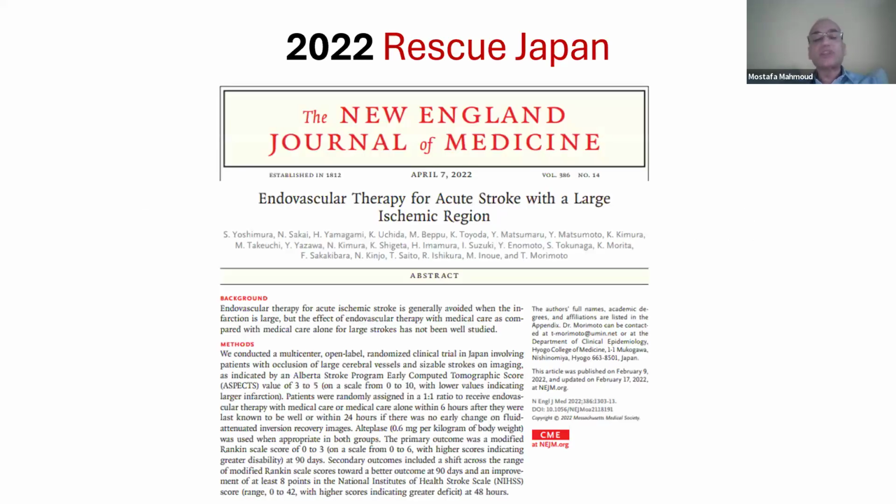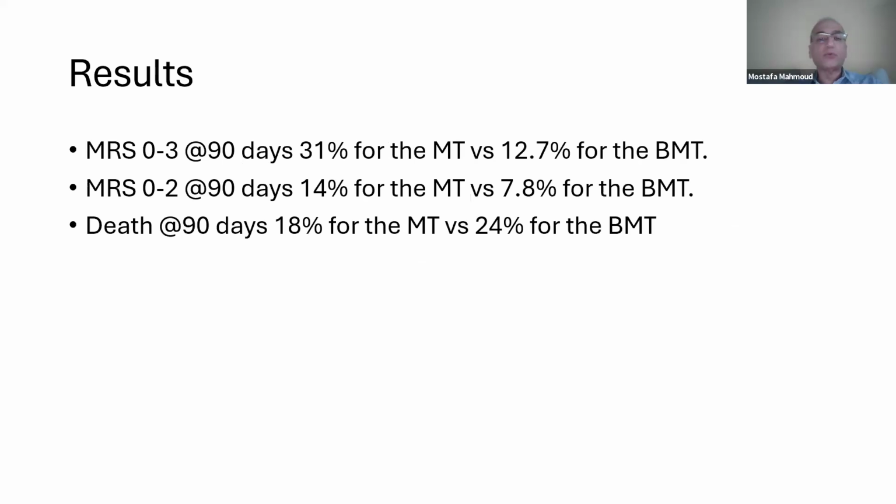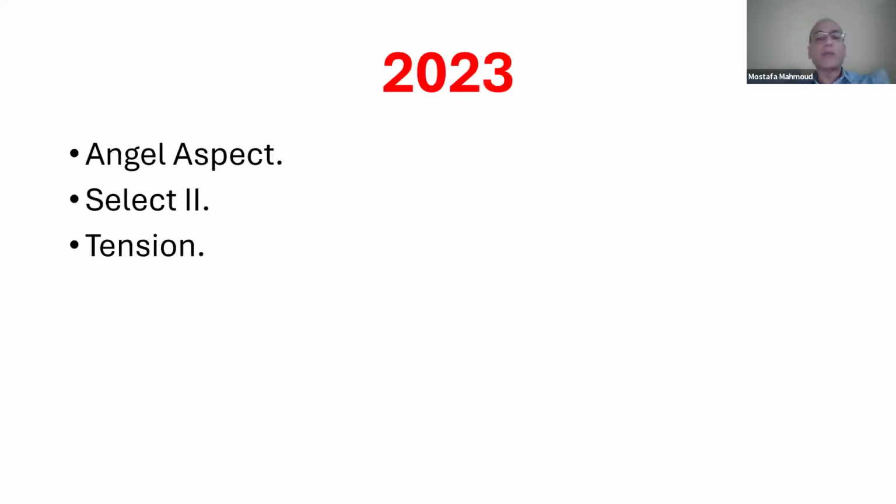I will just remind you that the first one was RESCUE-Japan in 2022, randomizing patients with ASPECTS between 3 and 5. I will summarize all of them in one table, so don't bother with that.